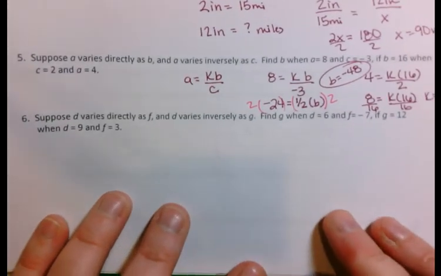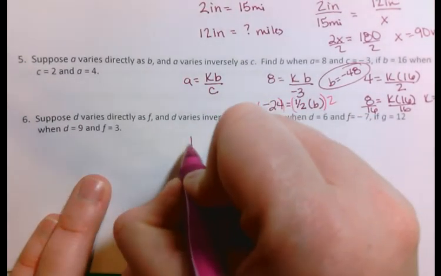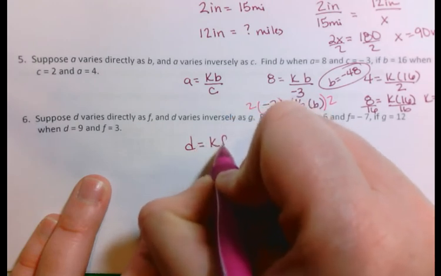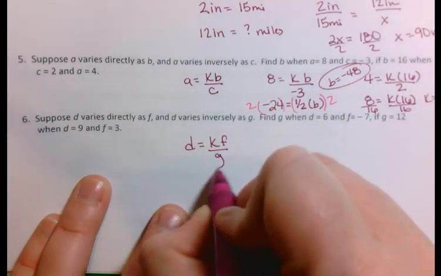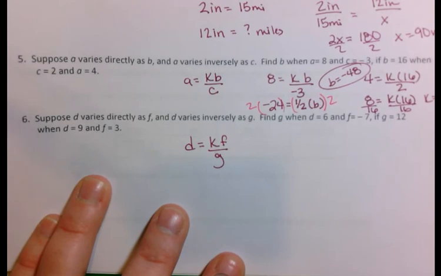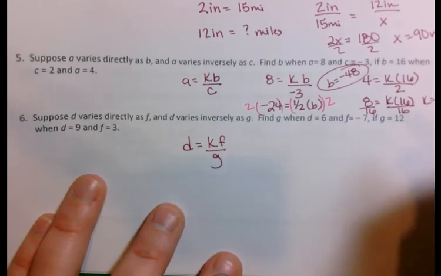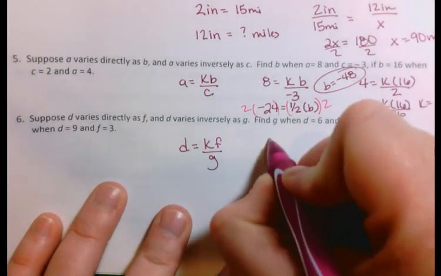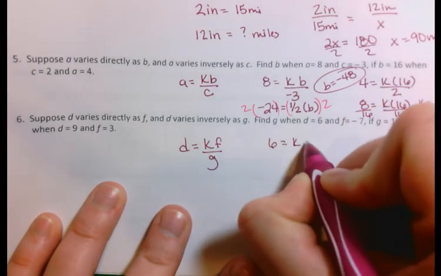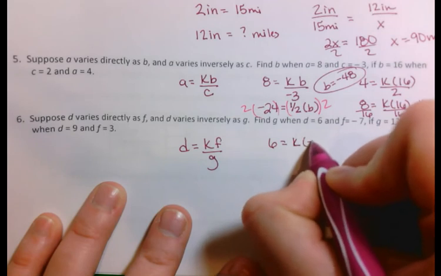Suppose D varies directly as F. So D equals KF and inversely as G. Remember, inversely you divide, directly you multiply. Find G when D equals 6, F equals -7.